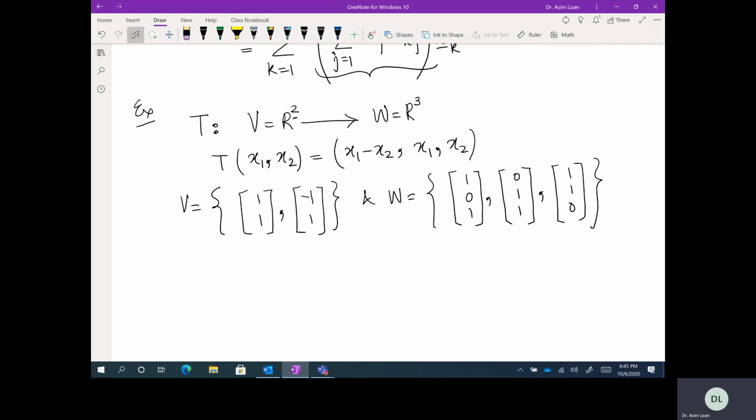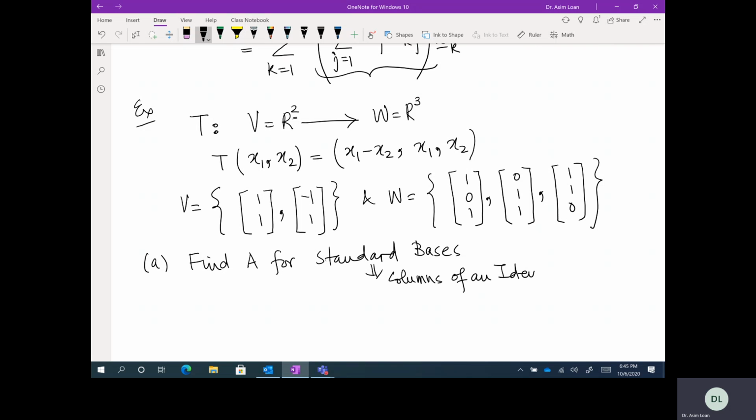So let's find A. The first part is to find A, the matrix for the standard basis. Standard basis simply implies columns of an identity matrix.